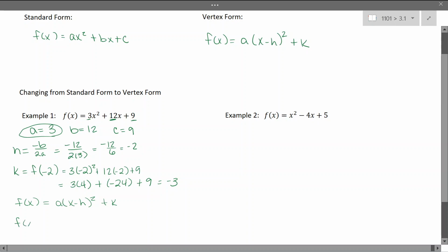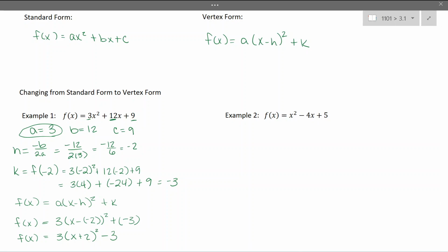So we have f of x equals 3 times x minus negative 2 squared plus k. If we simplify that, we get f of x equals 3 times x plus 2 squared plus k. So let's try another example.